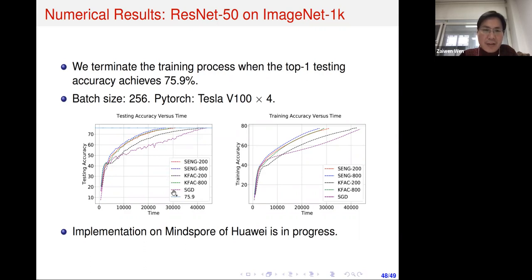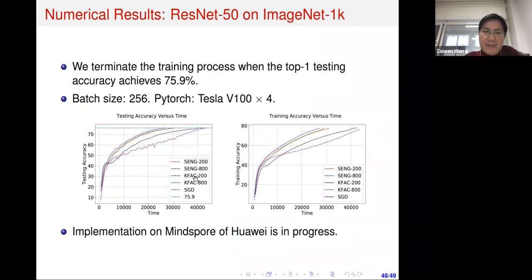This line corresponds to SGD, and this is computational time. SGD is the slowest algorithm. This number corresponds to the updating frequency of the matrix U. We do not update the matrix U at every iteration. For example, this one updates every 800 iterations.